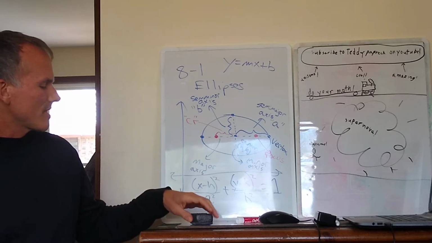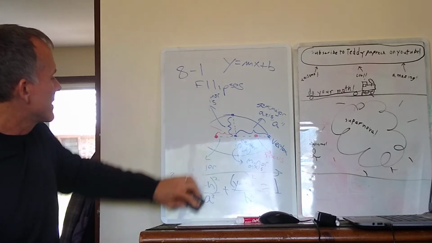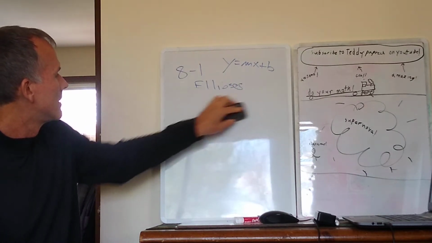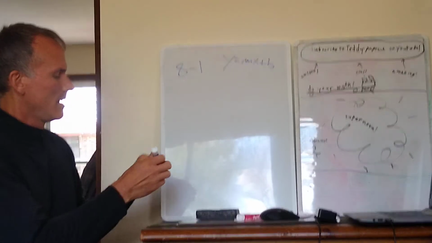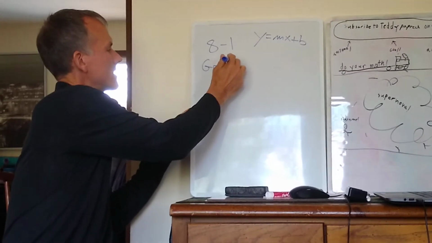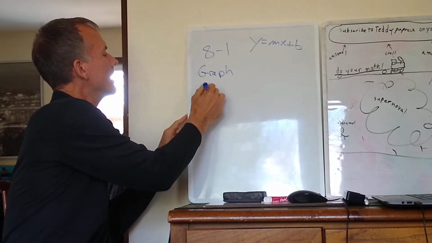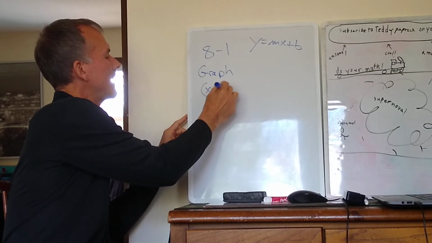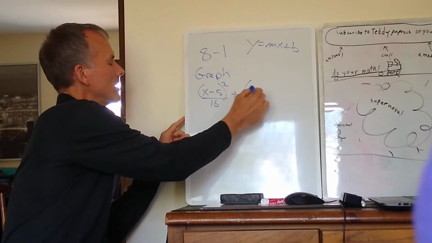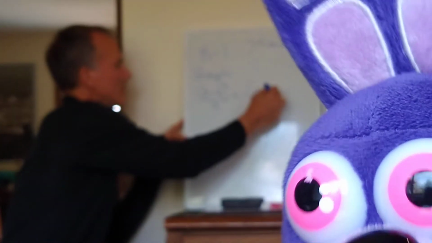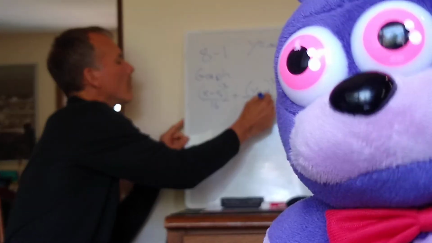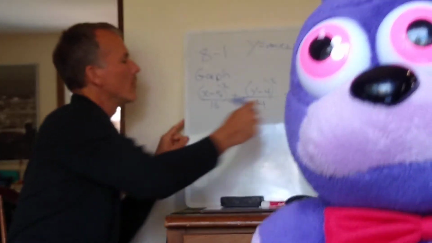Now let's actually graph an ellipse. A problem like this might say something like: graph (x minus 5) squared over 16 plus (y minus 4) squared over 4 equals 1.